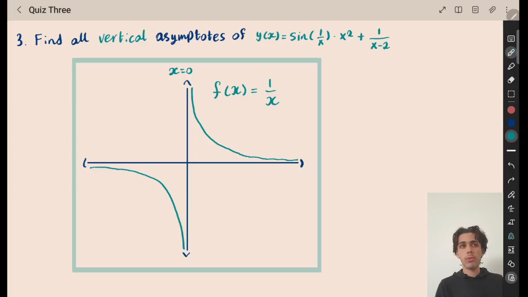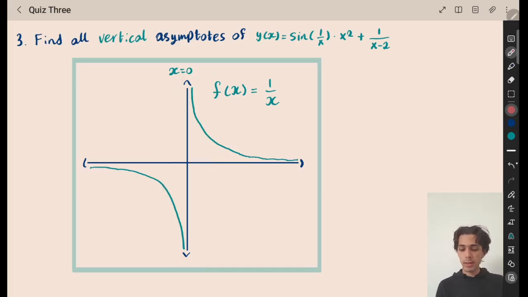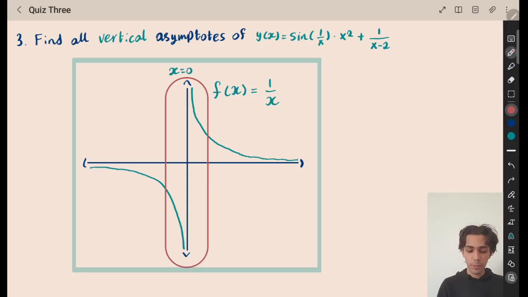In fact, most vertical asymptotes adopt the property which the 1 over x function has, the inverse function has.